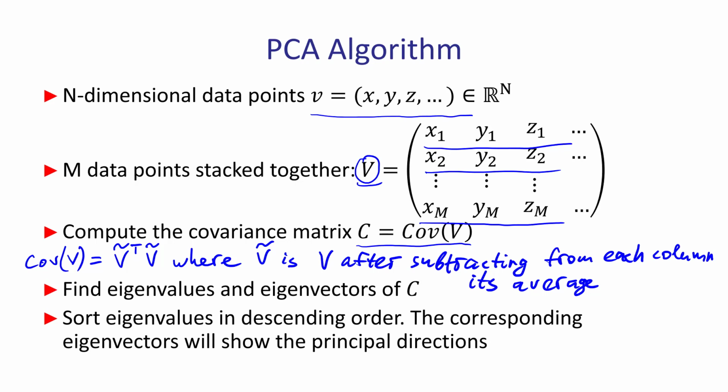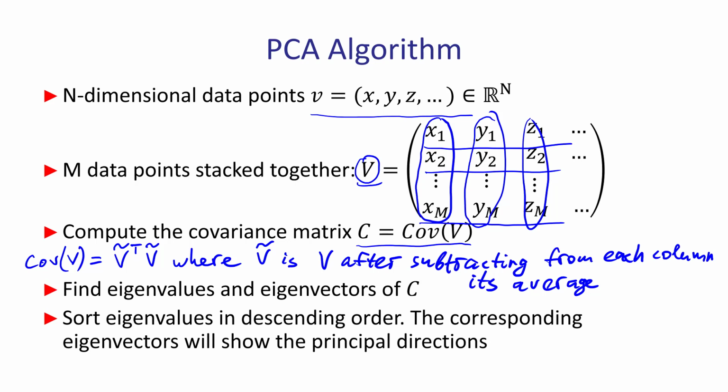It means that I'm taking the first column like that, computing the average of that column, and then subtracting from each x. So it's x1 minus the average of the column, x2 minus the average of the column, and so on. Then I'm taking the second column, computing the average of the second column, subtracting the average from each element of the column, that mean value, and so on, getting to the third one, fourth one, and so on.